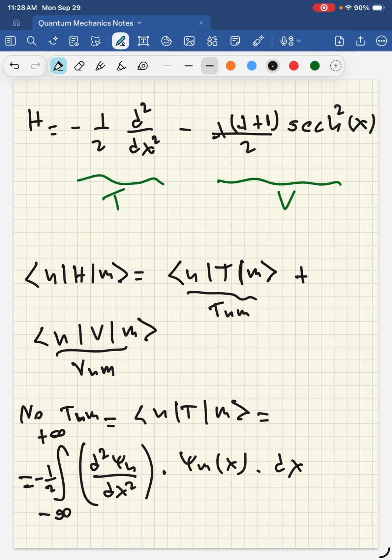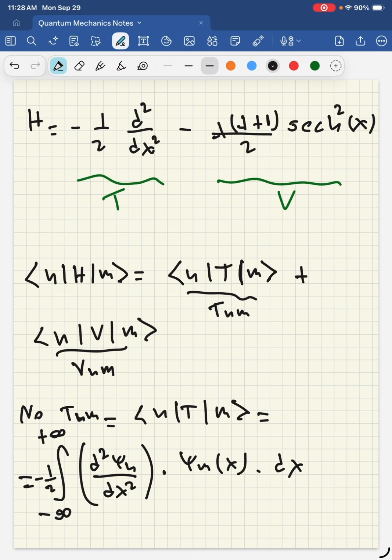And the good news is that for the harmonic oscillator basis, there are exact expressions for that, which we will take advantage of, at least in the notes, because in the notebook I actually calculated the derivative, and I will show you.